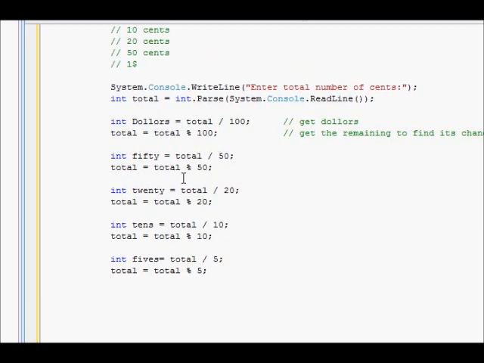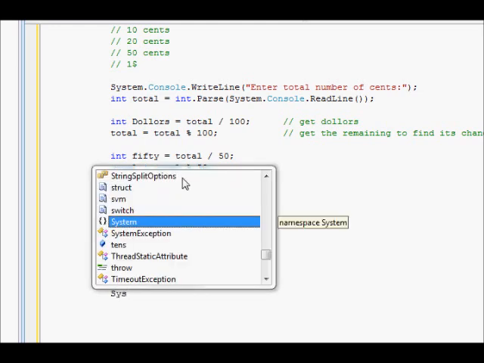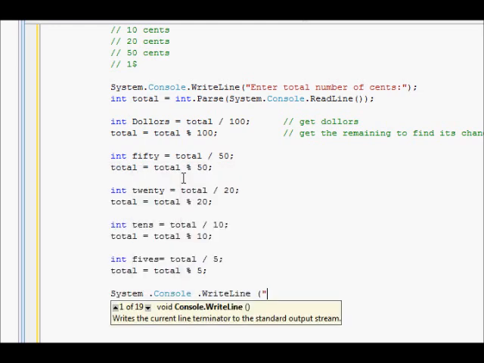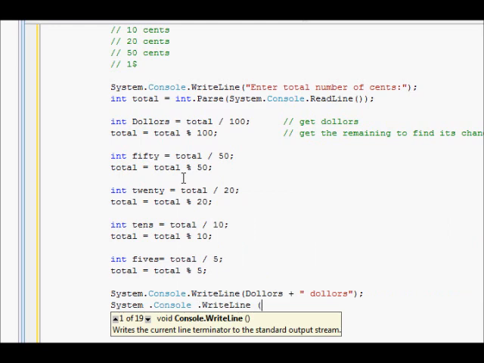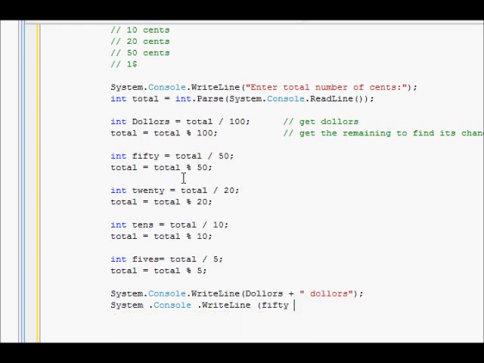Okay, so now we just need to display the result, right? So System.Console.WriteLine. Actually we could just say dollars, something like this. System.Console.WriteLine, next one we have the coins of 50 cents.